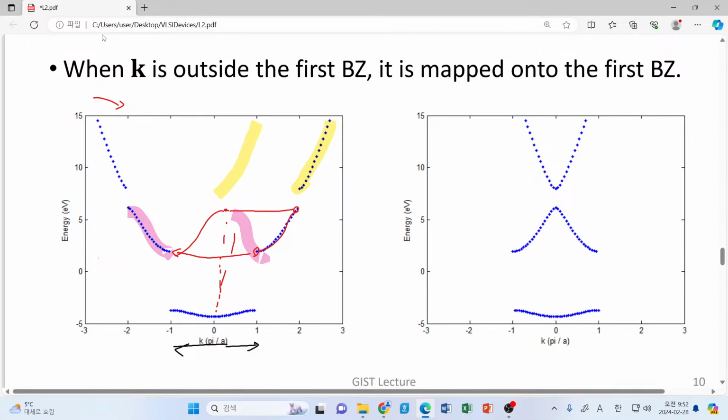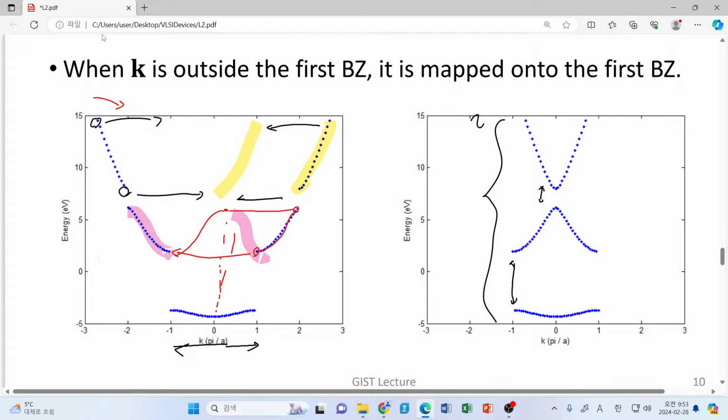So we can move it that way and also move it that way. That's the reason why, if we map our electronic states into the first Brillouin zone only, we have this kind of behavior, and there occur certain differences in their energy level.